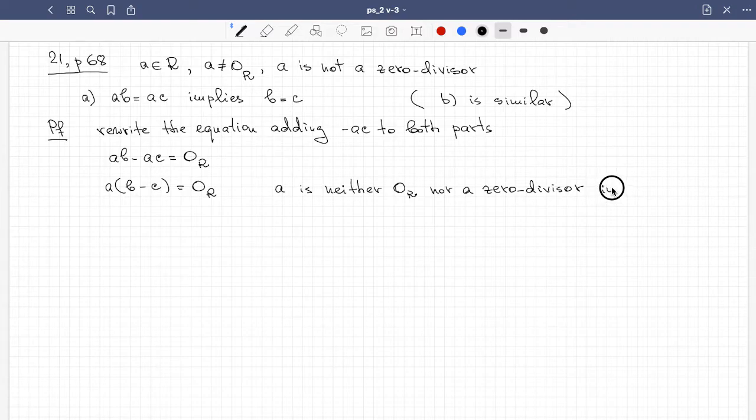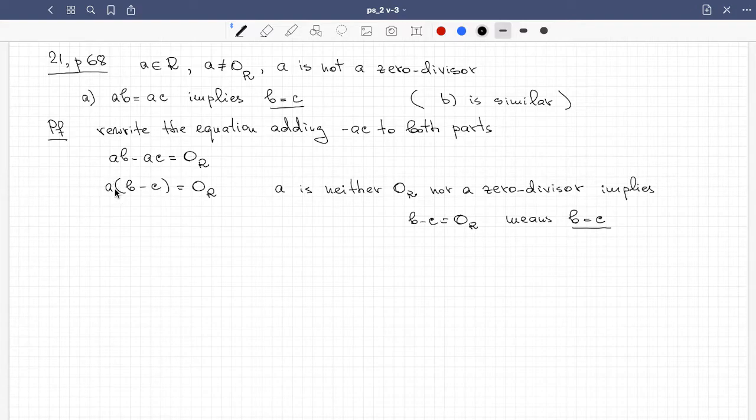This implies B minus C is 0 in the ring, which means B equals C, as required.